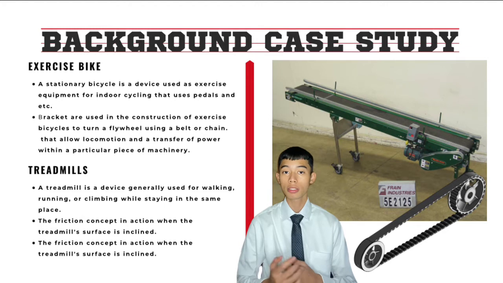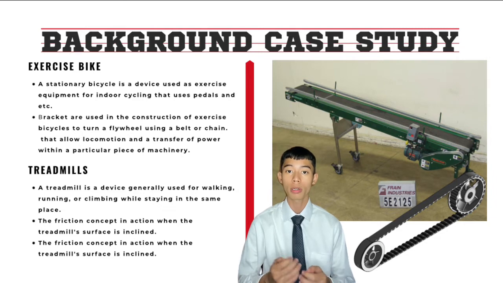An exercise bike is a well-known and often simple to use type of cardiovascular equipment. Both a chain drive and a belt drive are part of mechanisms that allow locomotion and a transfer of power within a particular piece of machinery. Exercise bikes initially used the chain drive system to transmit power.